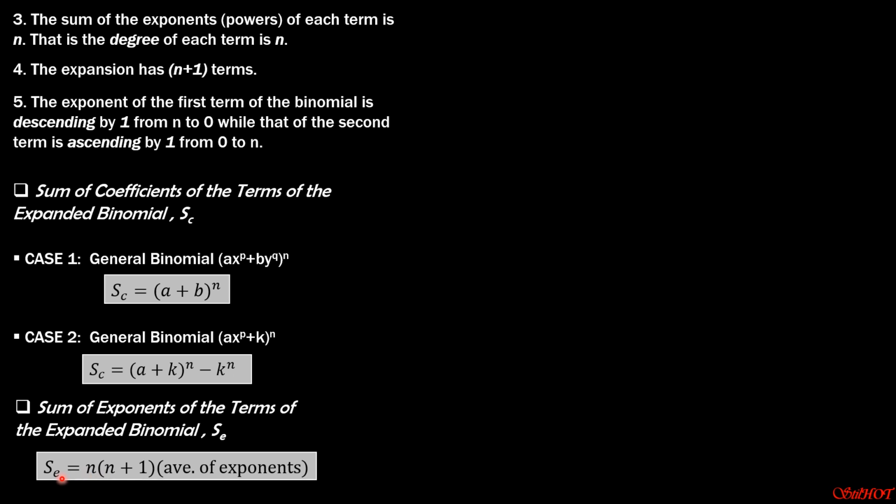So that's why the formula for the situation (x + y) raised to n for the sum of exponents is just n times (n + 1). But for this general case, it will be completed and applicable for any cases by multiplying it by the average of exponents. So that's the technique or idea.